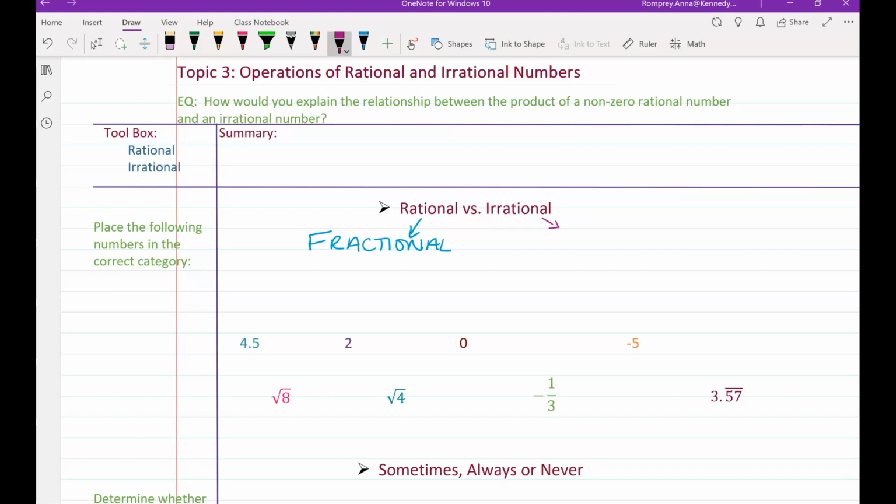Now, irrational numbers. Those are any non-terminating, so a number that doesn't end, or non-repeating decimals.